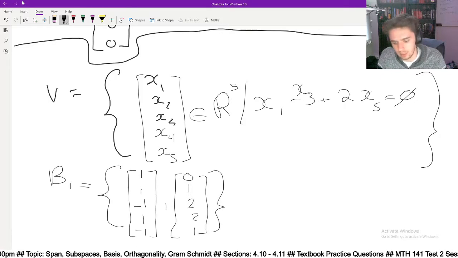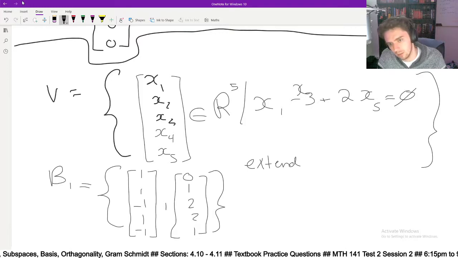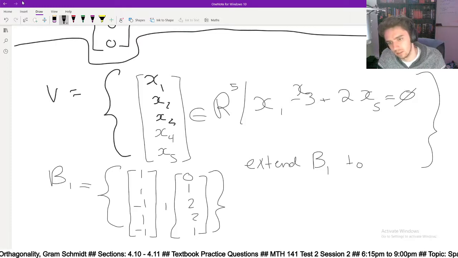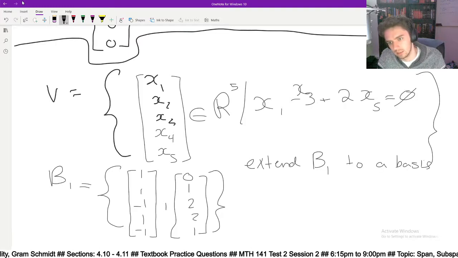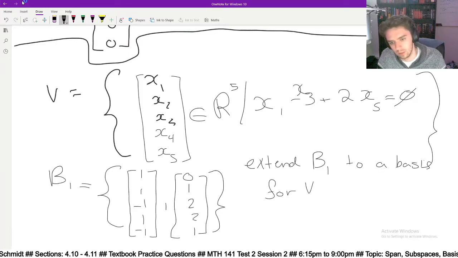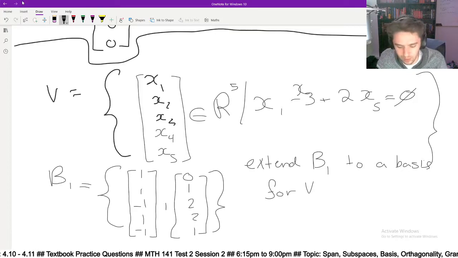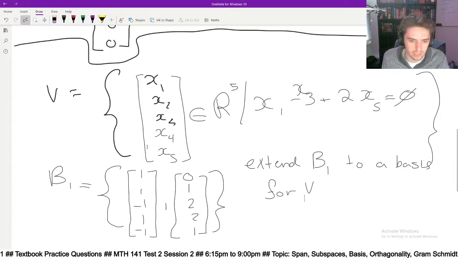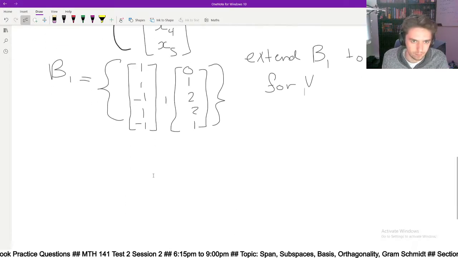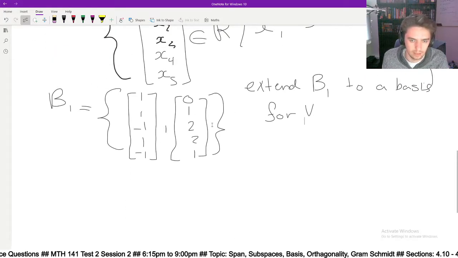And the question's saying extend B1 to a basis for V. And it says, note, this is only possible since B1 is already linearly independent. Okay, so it's linearly independent already, so we know that.